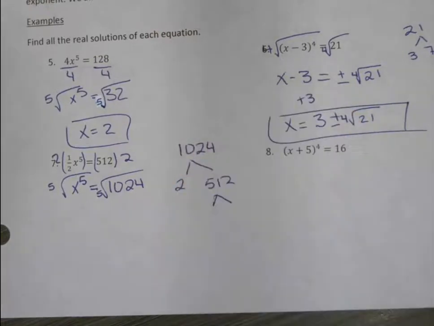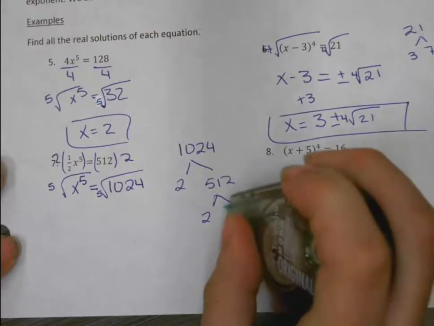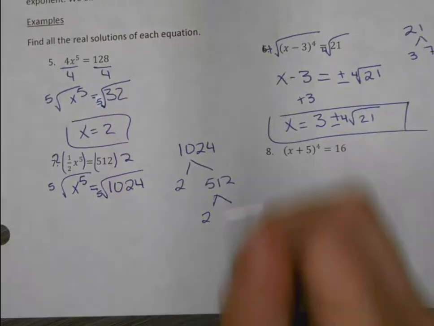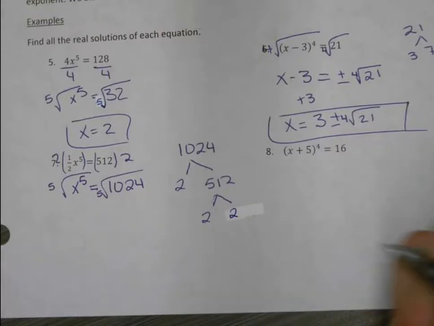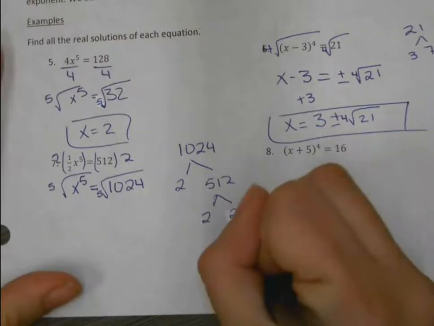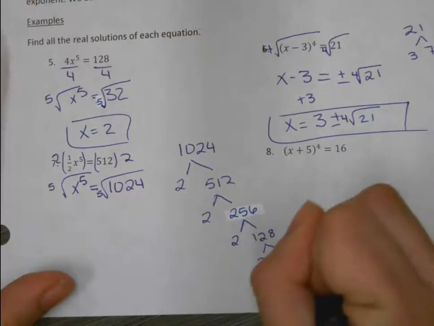What goes into 512? 2 and 256. What goes into 256? 2 and 128. 128 goes into 2 and 64. 64 goes into 2 and 32.